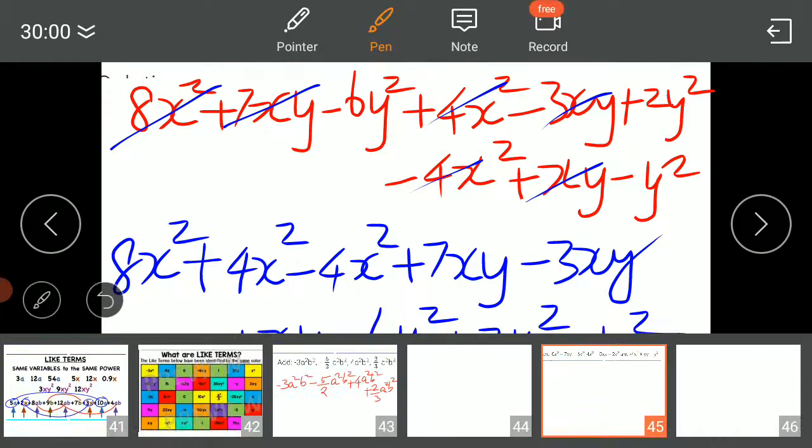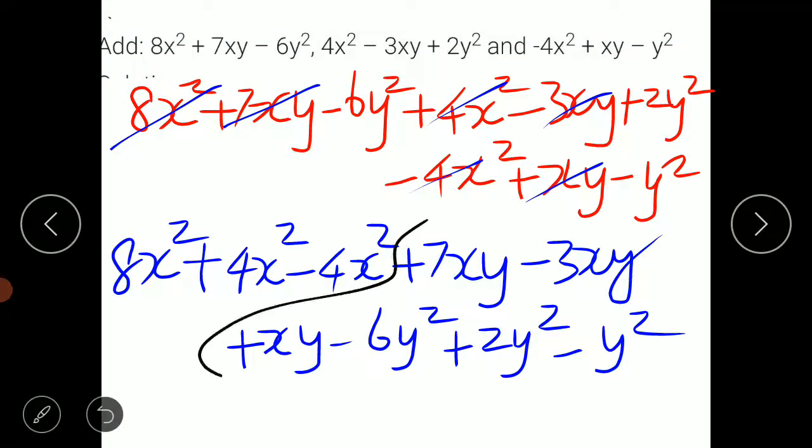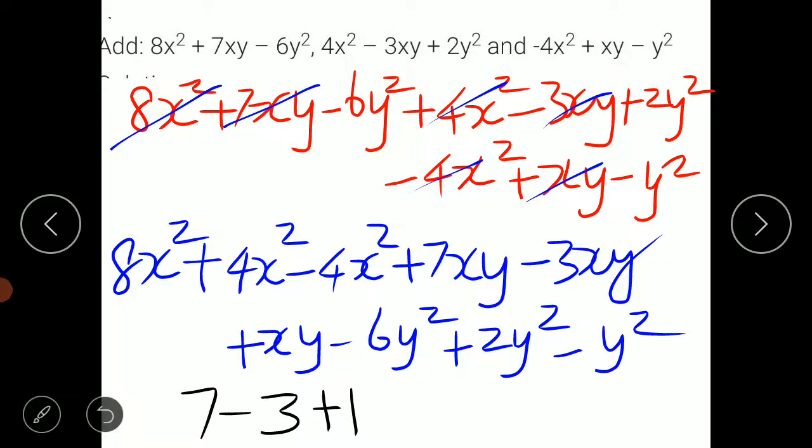Okay. So 8x square. Then now we finished x square. Now we'll go for xy term. Pick up the numerical values. 7 plus 7 minus 3, then plus 1. Is it? The numerical coefficient here plus 1. 1 is hiding. So now we have to simplify this. Pick up the positive integers. Here positive hiding. Is it? Positive integers plus 7 plus 1. 7 plus 1, 8. 8 minus 3, 8 minus 3, 5. Is it?